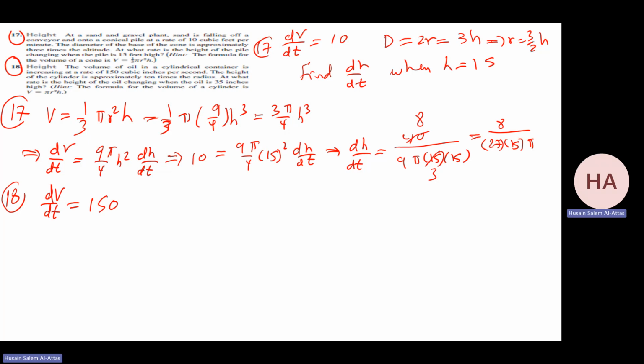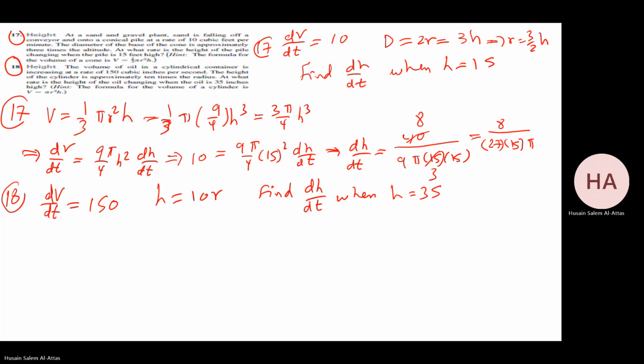The height of the cylinder is approximately 10 times the radius, H equals 10R. At what rate is the height changing? Find dh over dt when h equals 35.